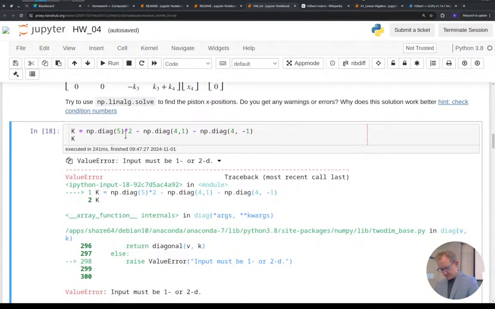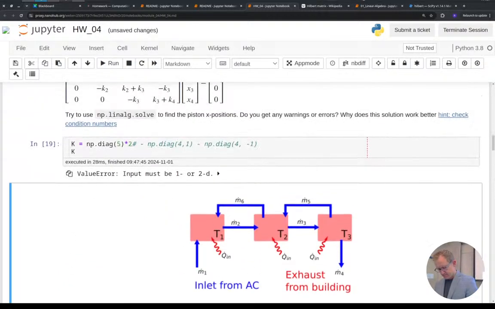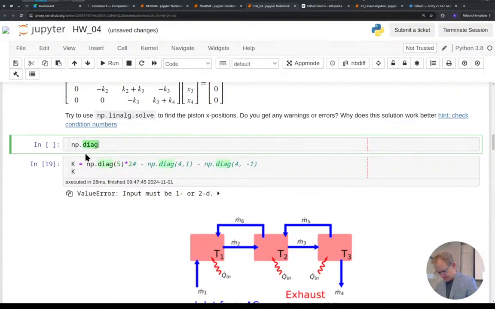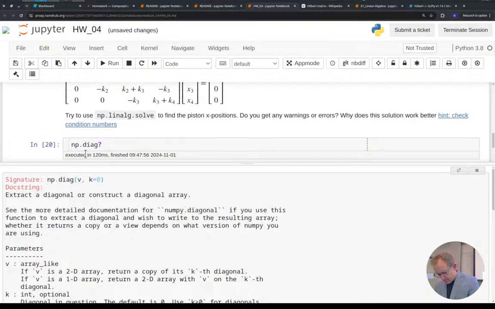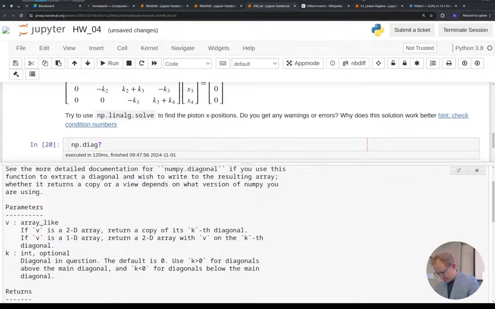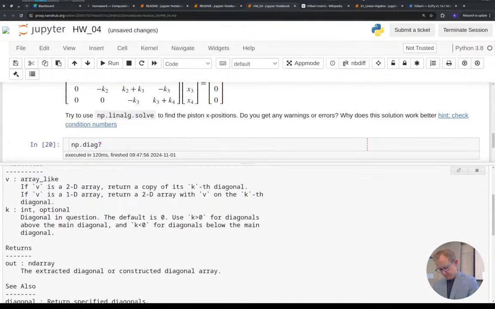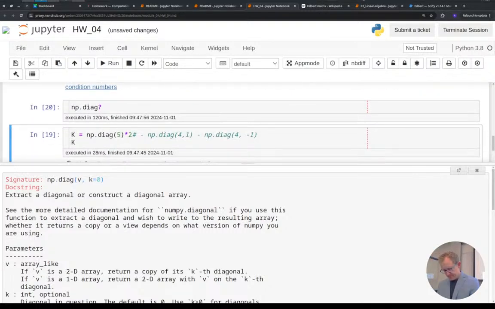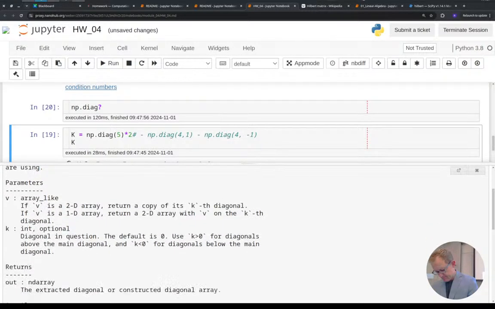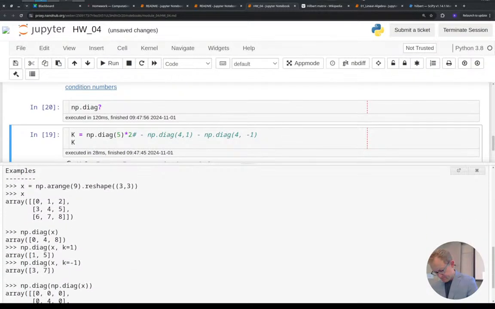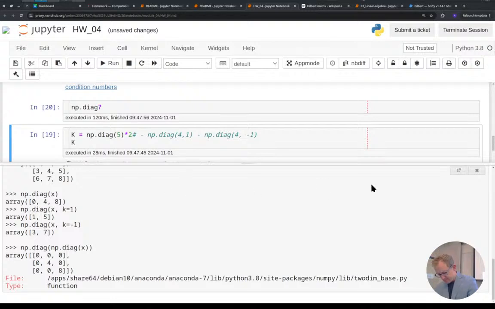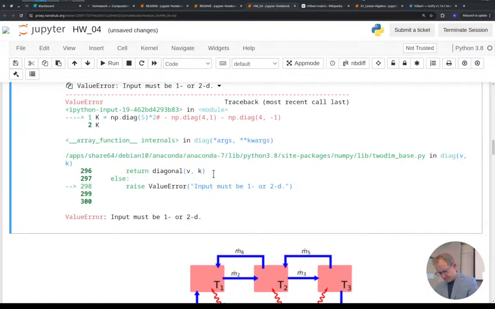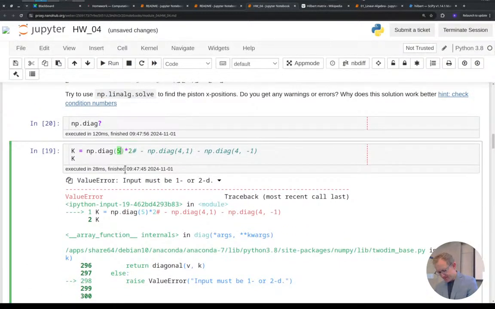How do I use... what am I doing wrong? It is 1D. 5 is a one-dimensional number.